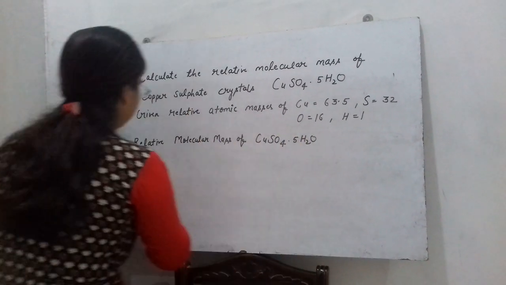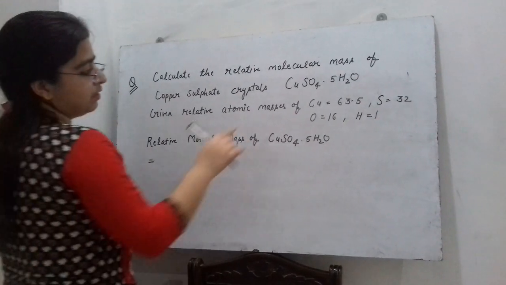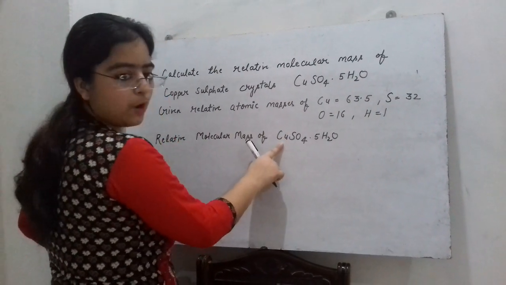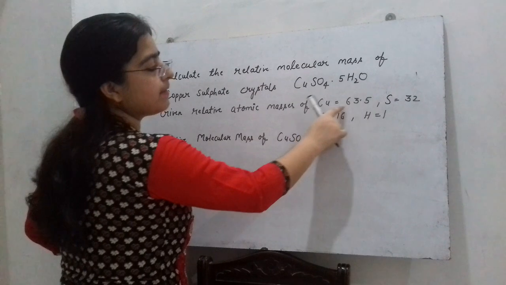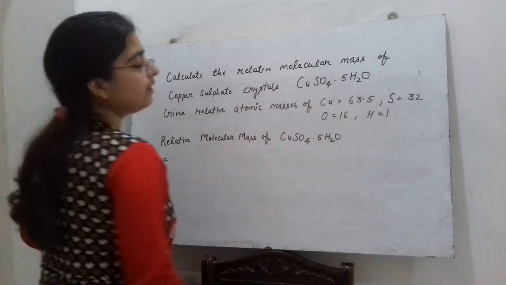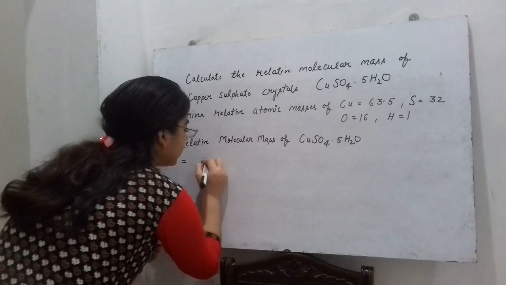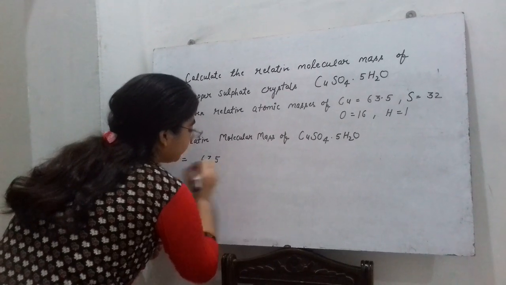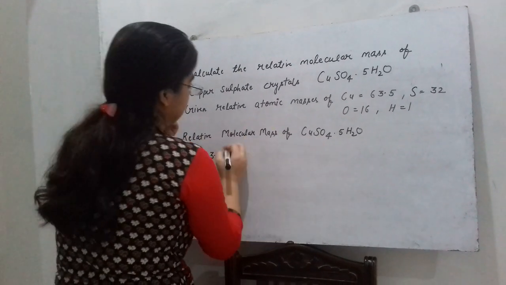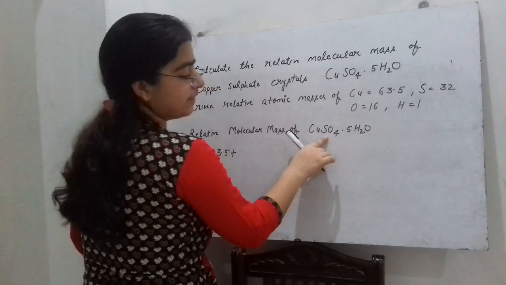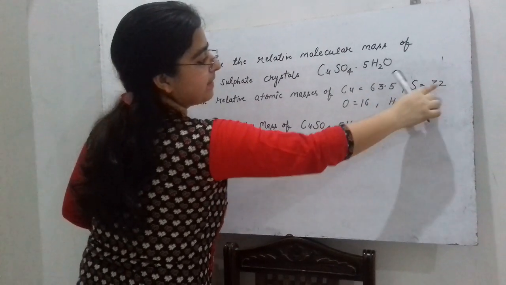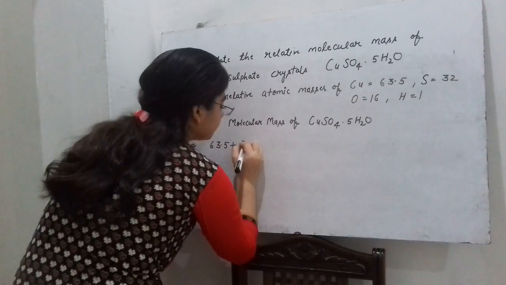CuSO4.5H2O will be equal to, now here one atom of copper is there and its atomic mass is equal to 63.5. So we will write 63.5 plus one atom of sulfur is here and its atomic mass is equal to 32.